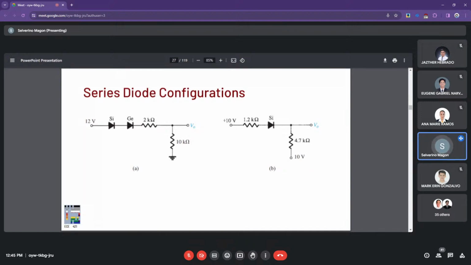Then you subtract the silicon potential at 0.7 and you'll have around 19.3 volts. So 19.3 volts, then you have the current at 19.3 volts.